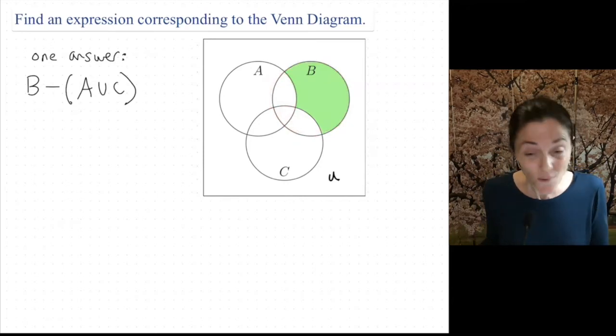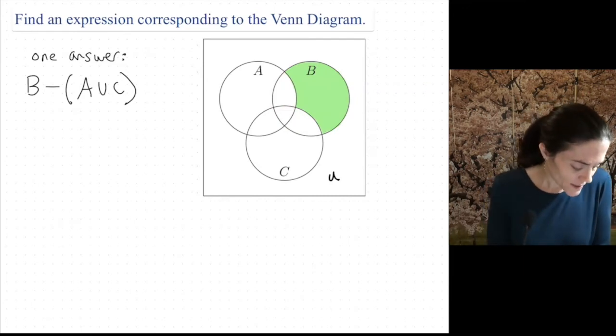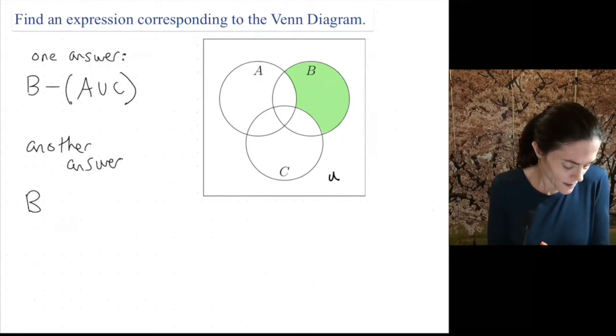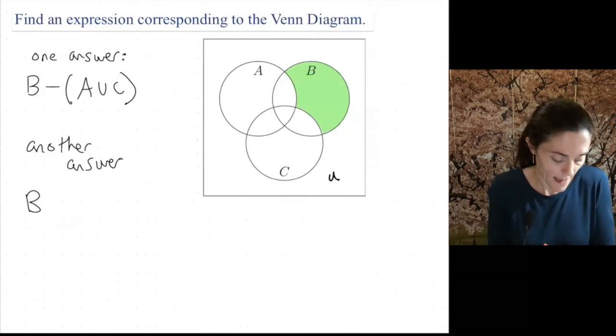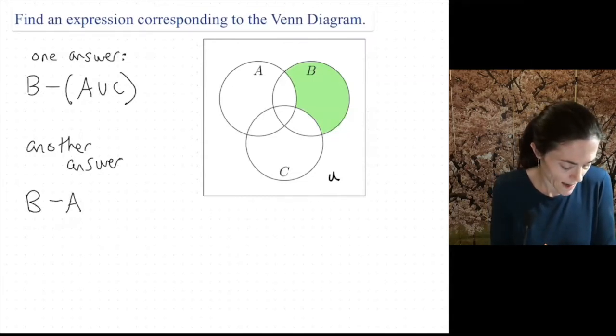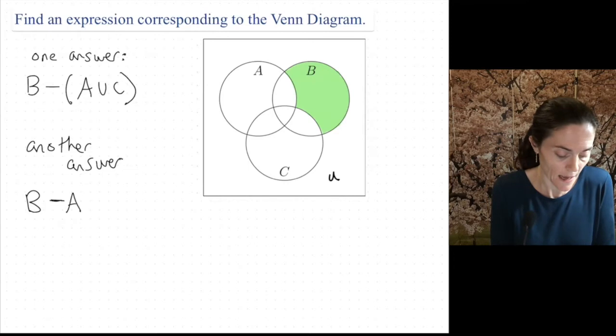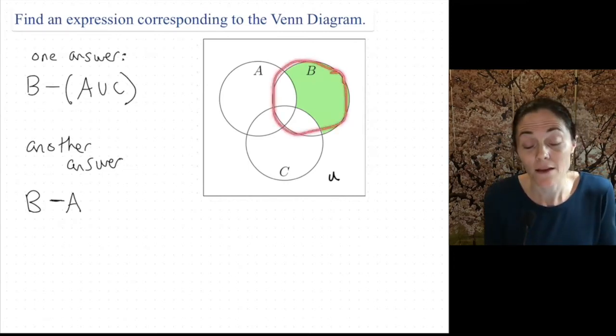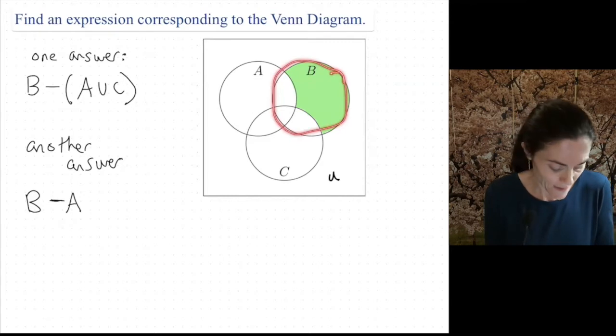But this isn't the only answer. So another answer, well, again, I want to start with B, and then let's say I take away A. Now what do I have? I'm going to see if I can make it out of something like this. Start with B, that would be here. If I remove what's in A, now I have this.